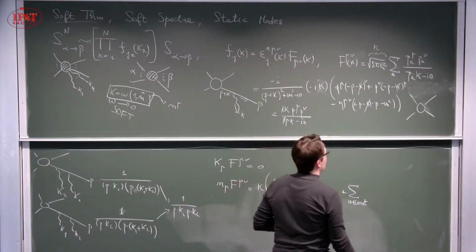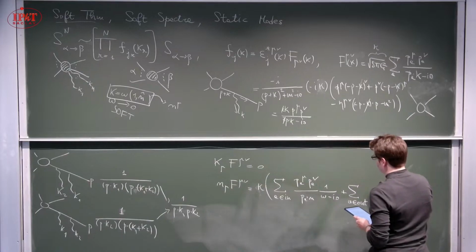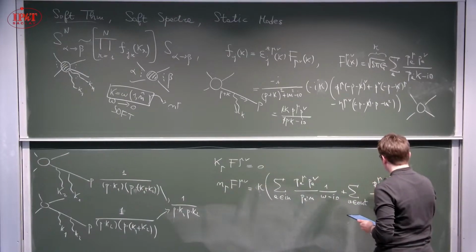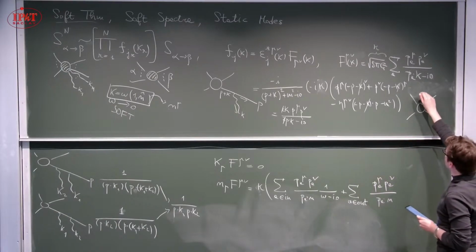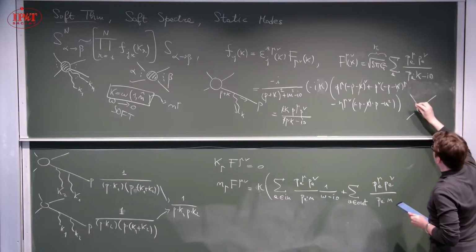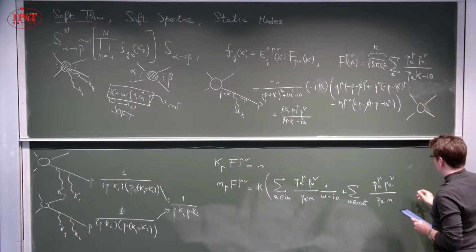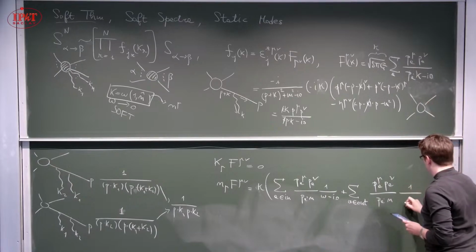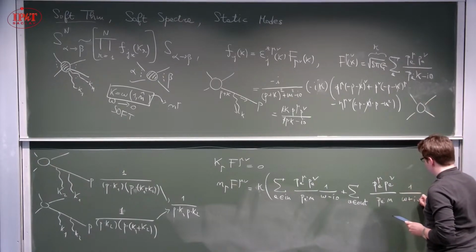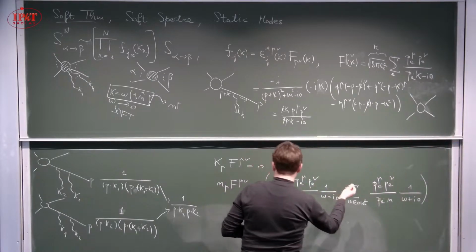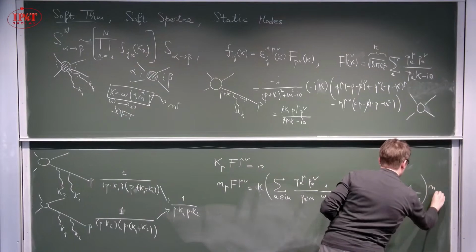Instead, when I'm summing over the final state, this is negative, right? So PA dot n is negative. So when I bring it out, I have to flip the sign of the epsilon prescription. And then I have to contract with the n.